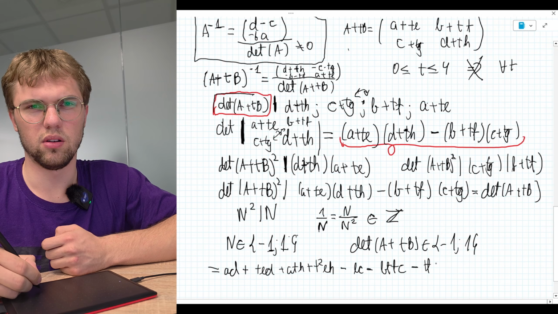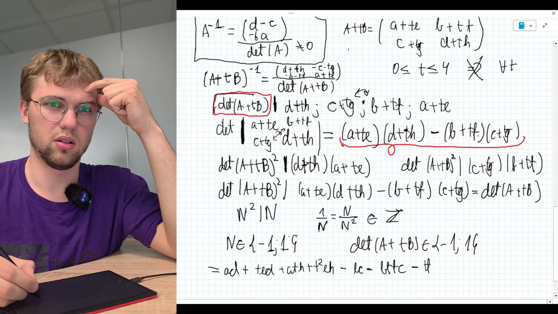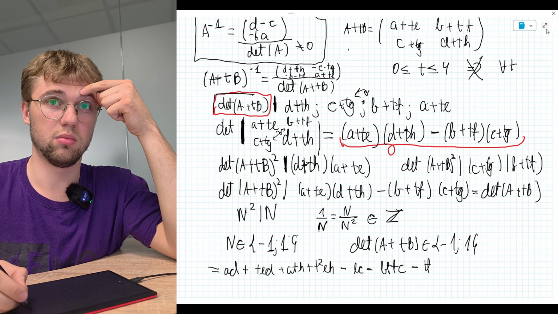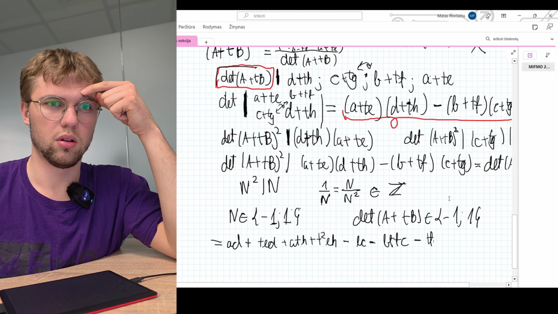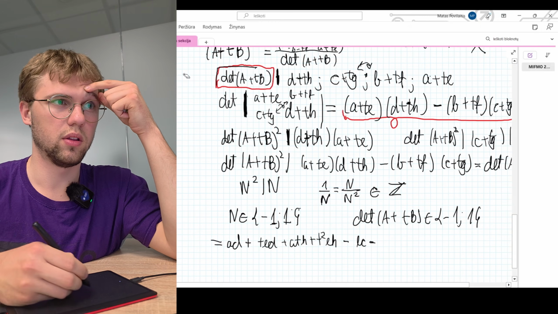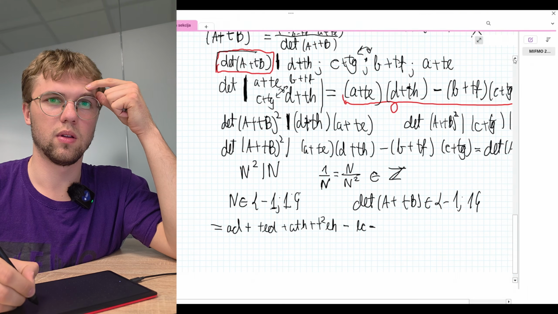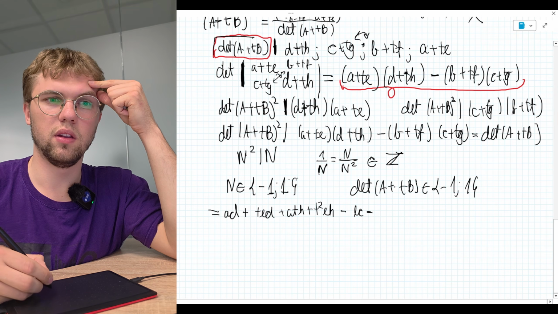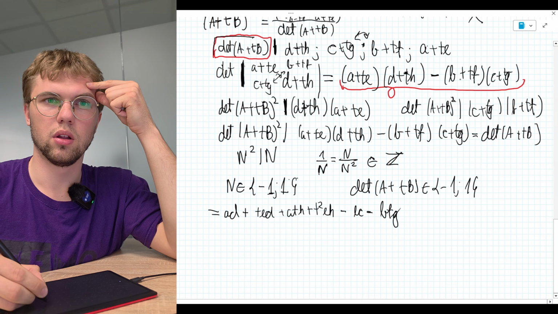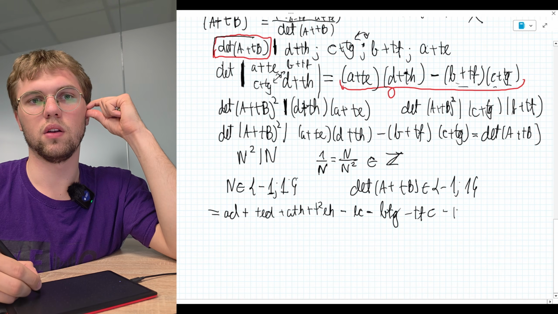No, I made a mistake here. Oh, this is incorrect. This is very incorrect. Okay, let's fix this. Okay, so minus BC, minus BTG, minus TFC, and minus T squared FG.